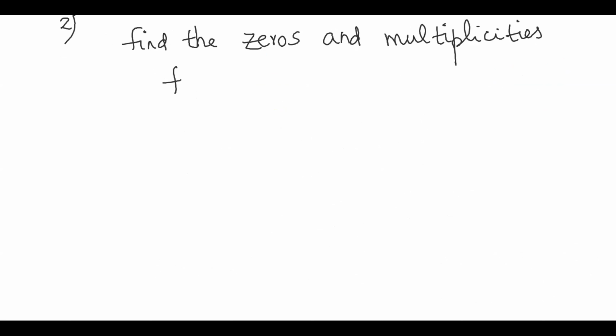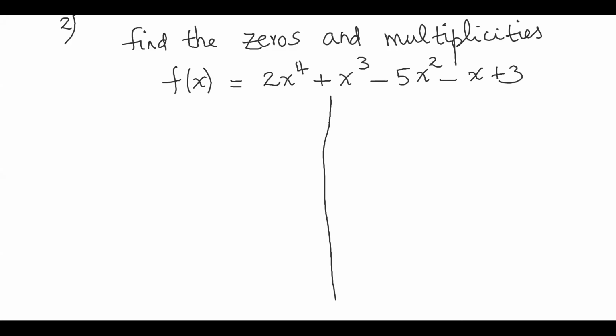For the function, first I'm going to find the zeros. So when we use the rational zero theorem, we have to first find the factors of 3 over factors of 2.